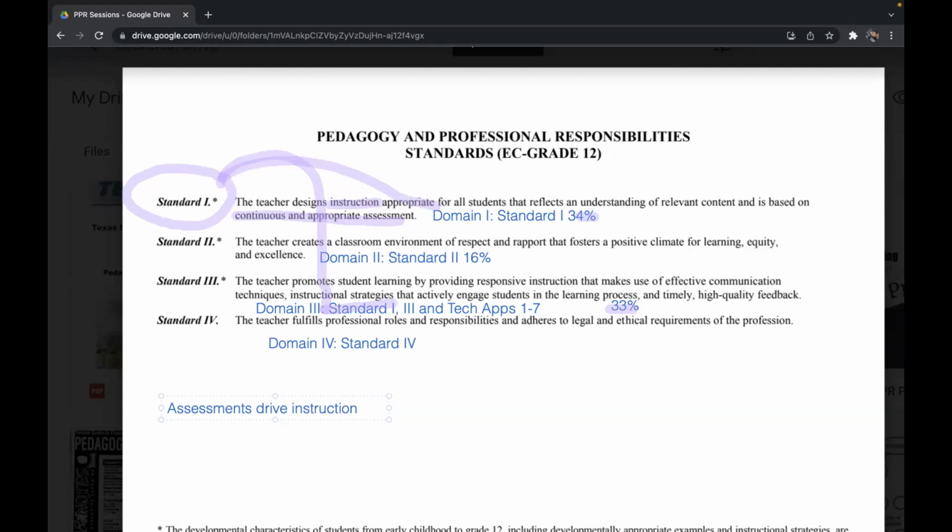They drive instruction because as we gather the data, as we walk around doing formative assessments, which could be as informal as just listening to the group speak to each other, we're collecting data. Do they understand? Is learning successful? Are they getting those objectives? If not, then I need to drive my plan to do a reteach because my students are not there. So we give assessments to drive our instruction. What do they know? And how can I help them know things better?